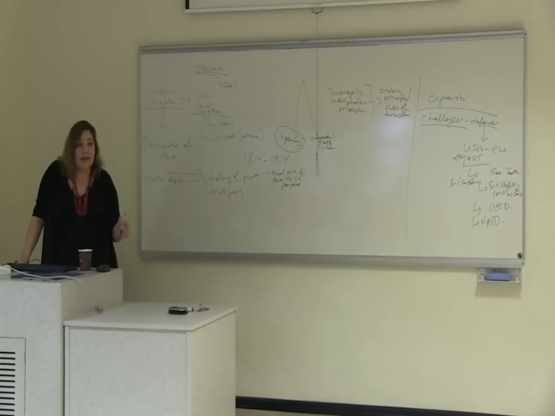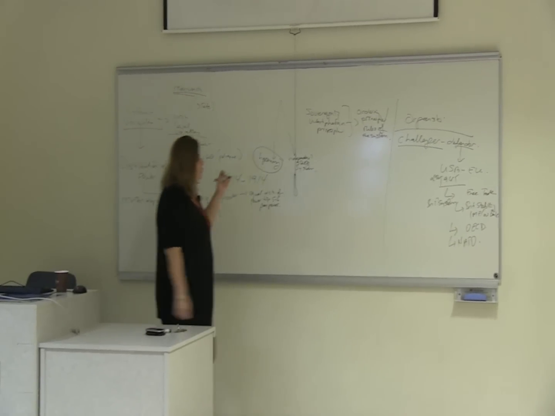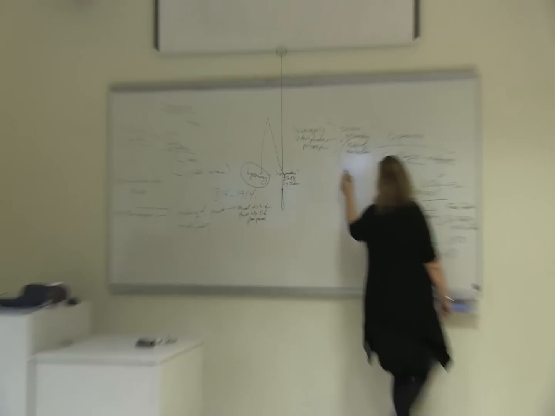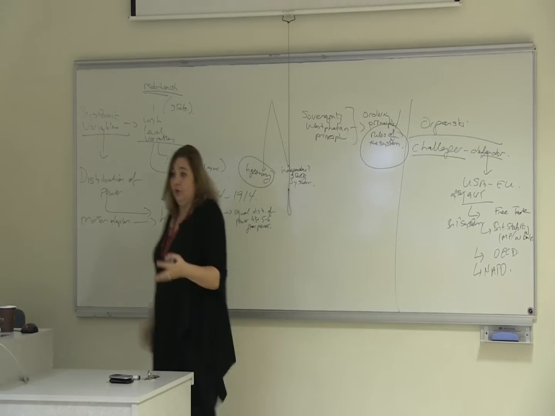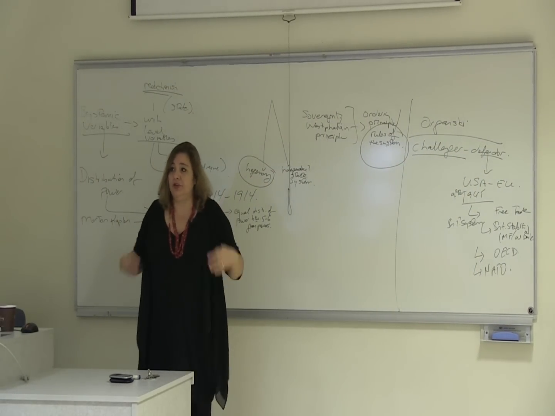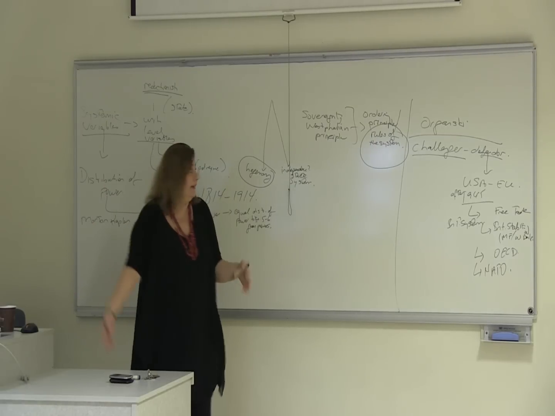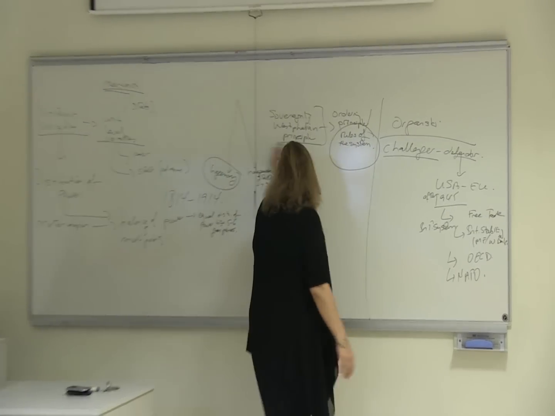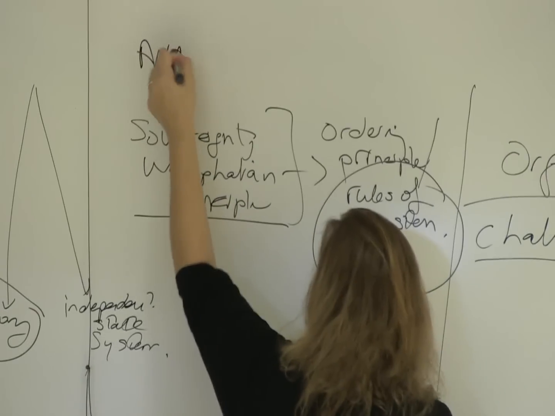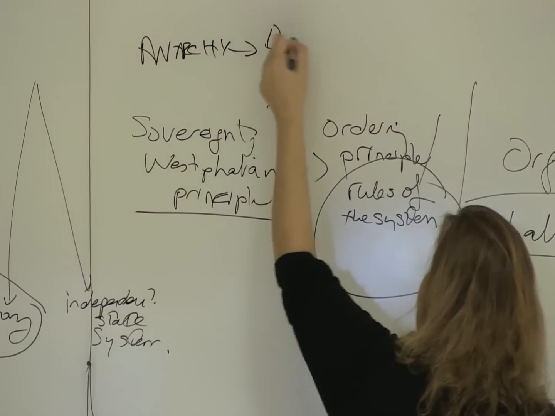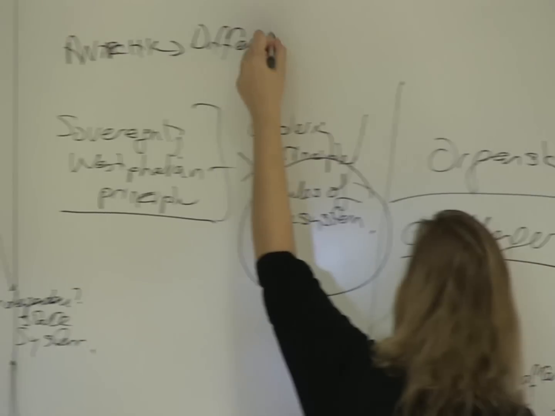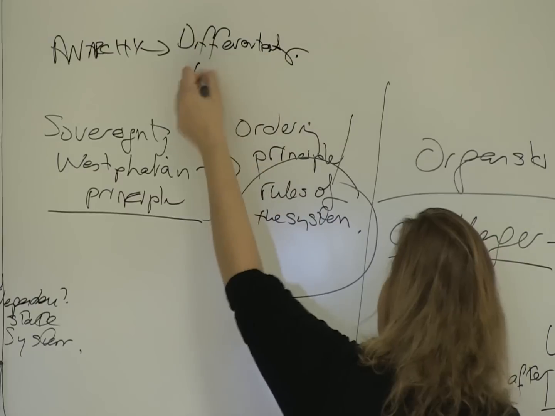What is it they do? They set the rules. This is critical. There are rules at any given period of time. Of course, there is an overarching rule that encompasses everything, that sovereignty and anarchy is the differentiating factor behind all of that.